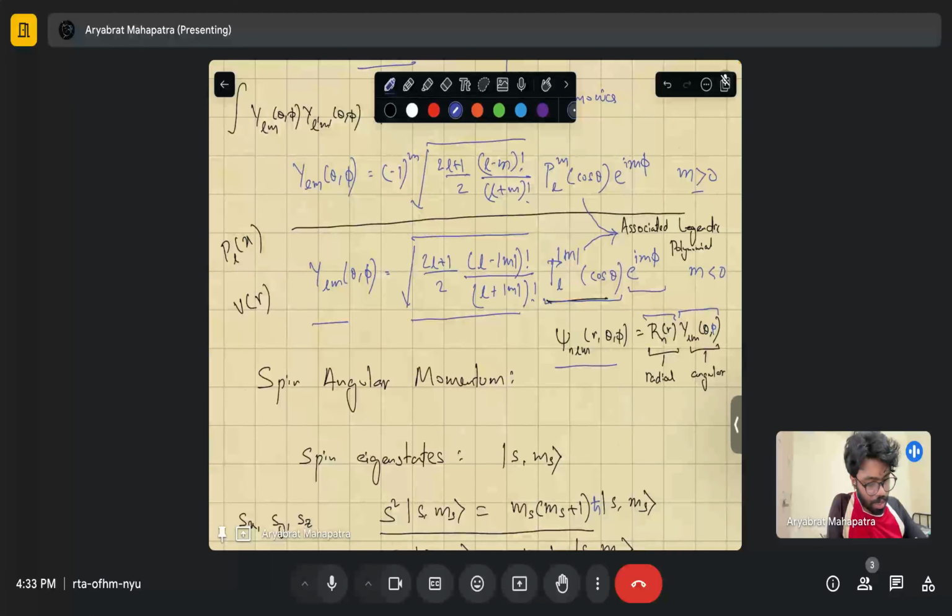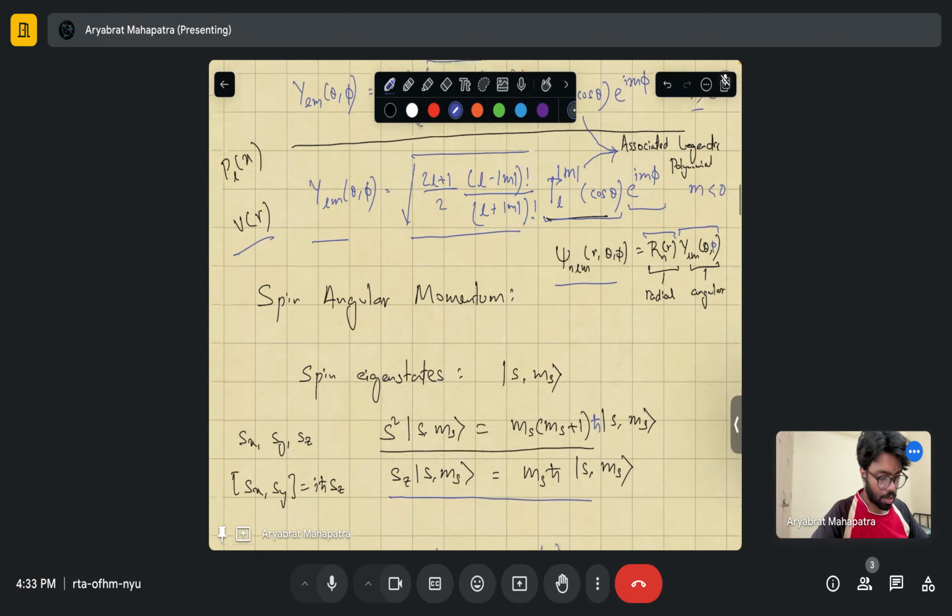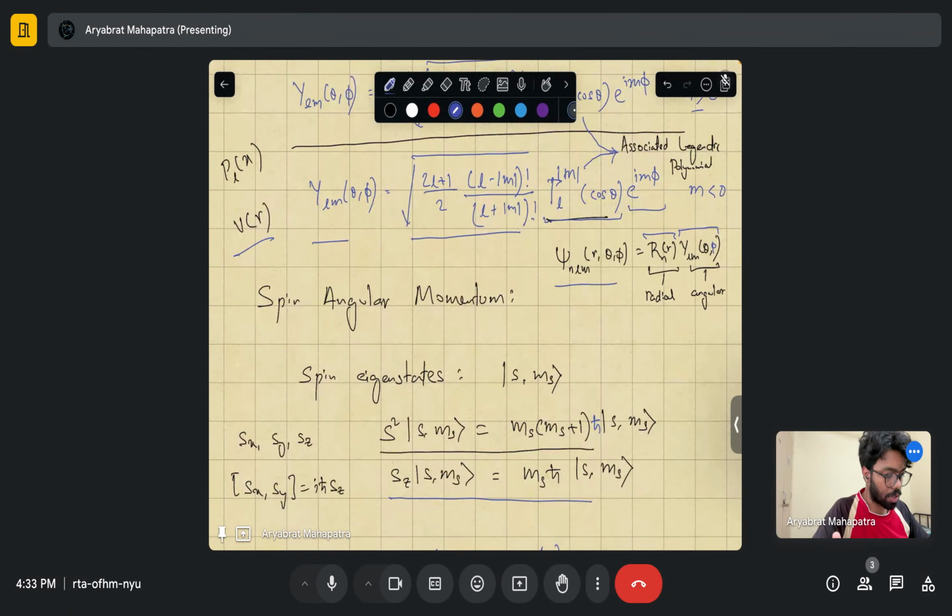These are the theta and phi dependent parts of the solution for the hydrogen atom system, or any spherically symmetric potential V of r. The radial part, R of r, we solve from a separate differential equation that you would get in the mathematics of the hydrogen atom problem. If you go into that, you will understand more about it.